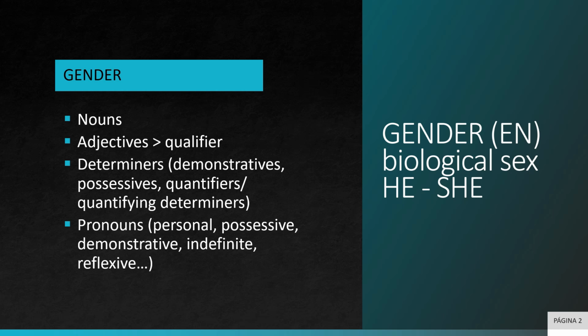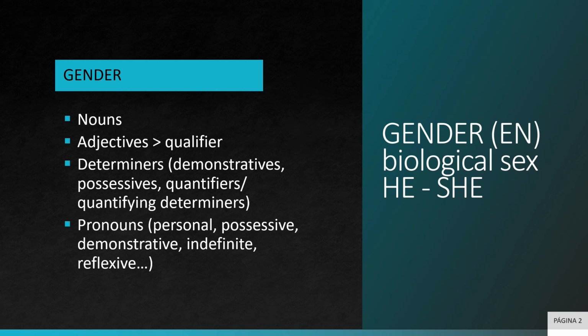Remember that the only pronouns in English that are gender biased are he or she. He denoting male gender, she female gender. That is, biologically sex gendered words. For example, if I say chair, chair is a female gendered noun because it is associated with she. Or, for example, picture is a male biologically sex gendered noun because it is associated with he.